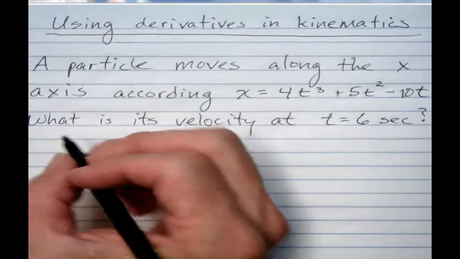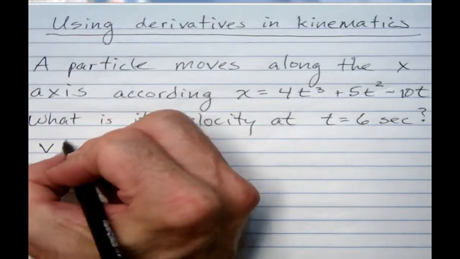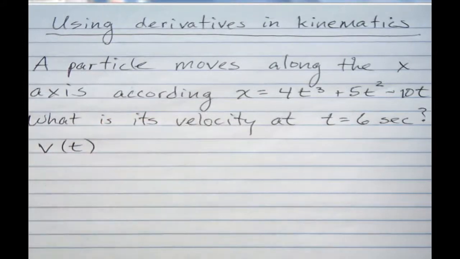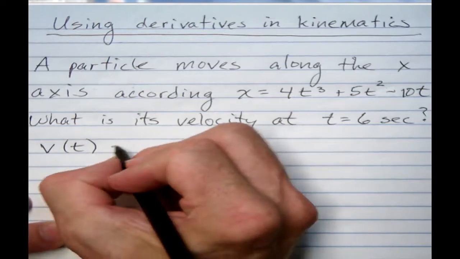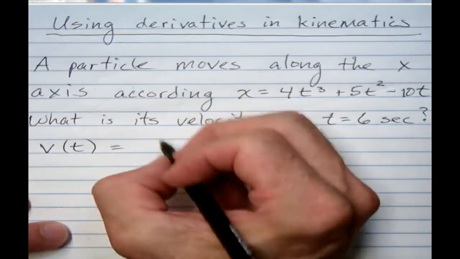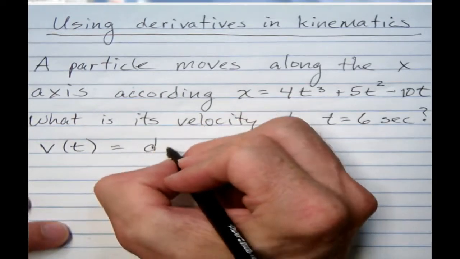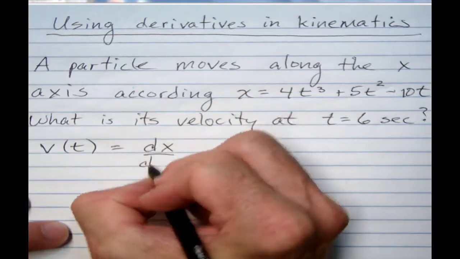So here's how we write this symbolically. The velocity, which is itself a function of time. So we'll write it like you write functions in math class, f of x or y of x. We're writing v of t. You give me a time, I'll give you a velocity. And here's how we write derivative. We write dx/dt.